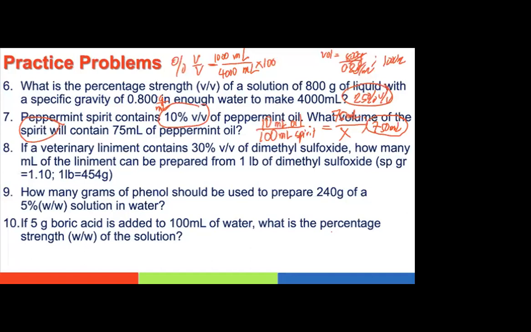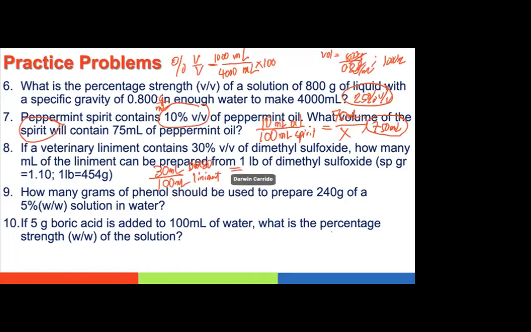Nakita, volume by volume. That gives you already a hint that the equivalent unit will be ml over ml. Right? So, sige. 30% is equal to 30 ml over 100 ml. Lagyan natin ng unit. 30 ml DMSO, tama? Over yung liniment.